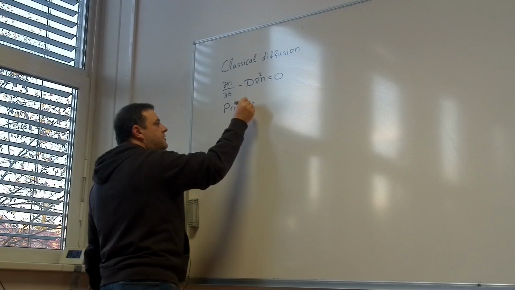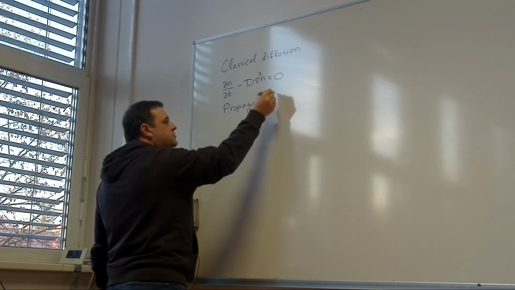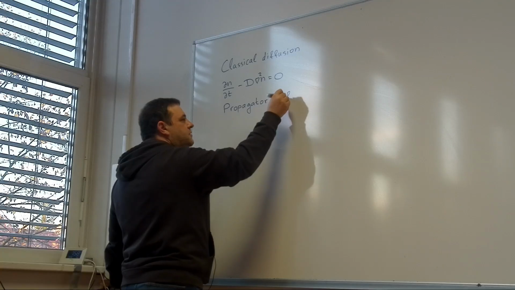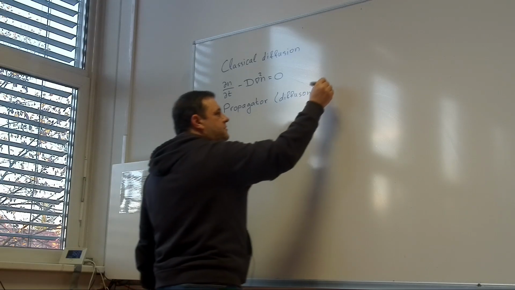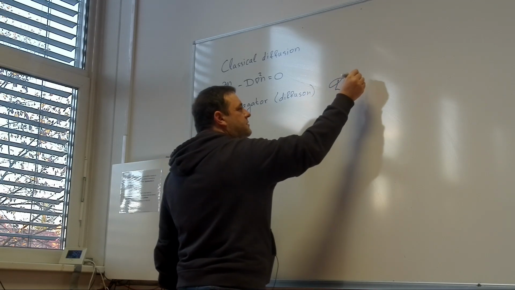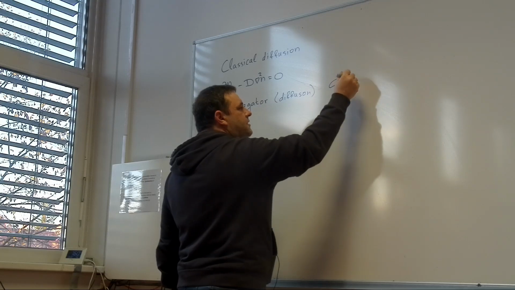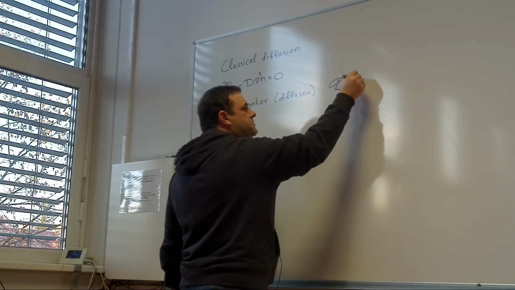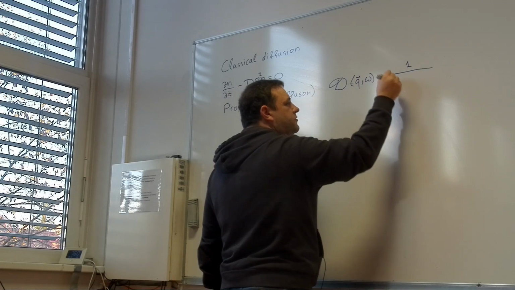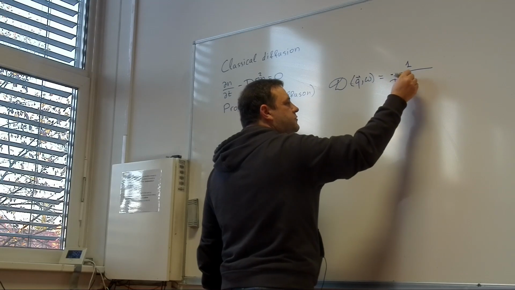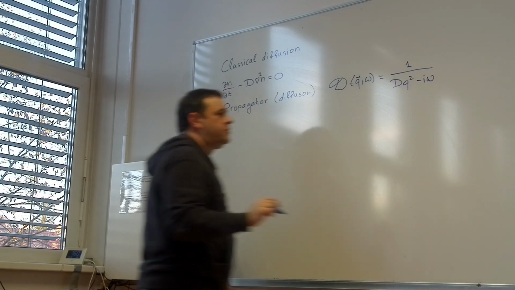The propagator, which is also called the diffuson, is the object that in momentum and frequency representation looks like this: 1 over Dq squared minus i omega.